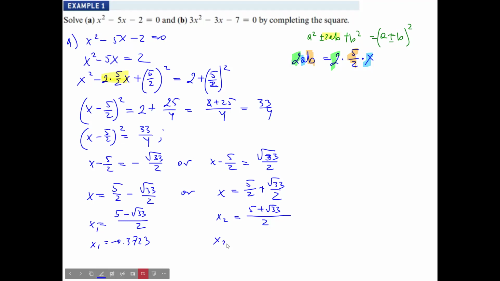Here I have x2, oh really? Okay, one more time. 5 plus the square root of 33. Yeah. 5.3723. Okay, so let's do the manipulation here.